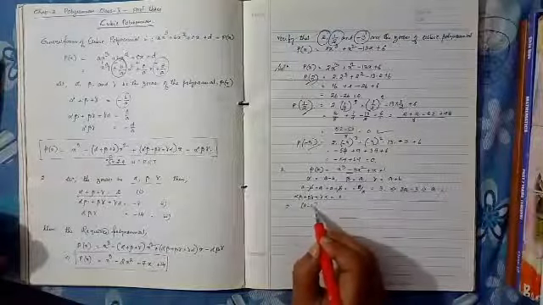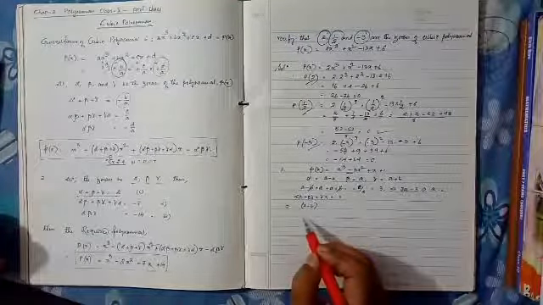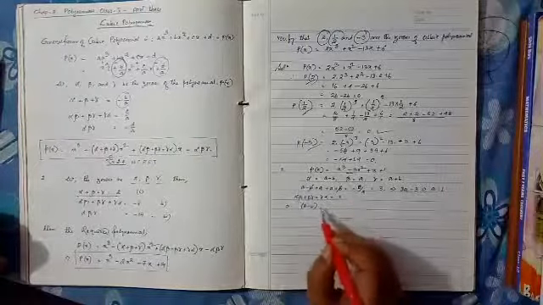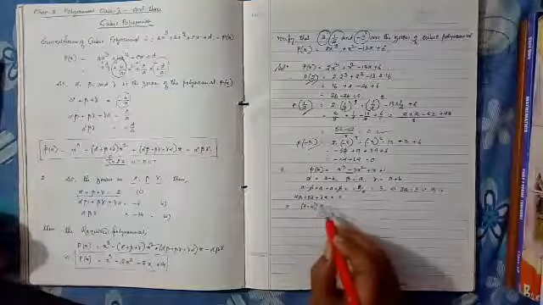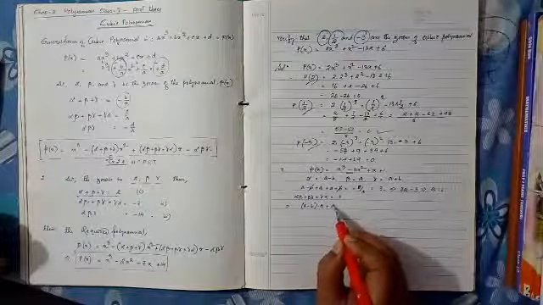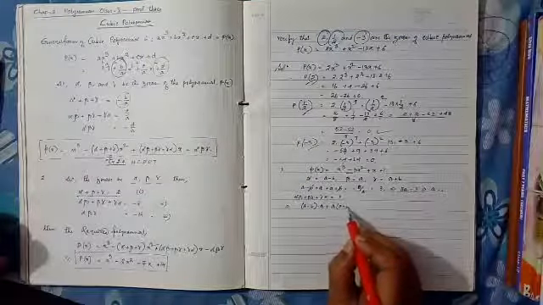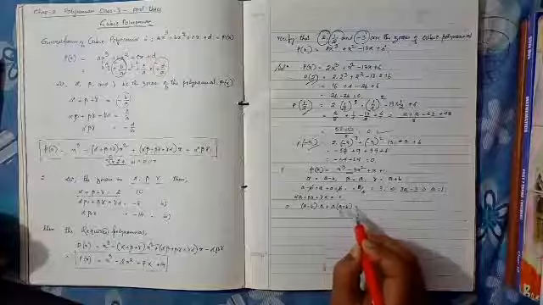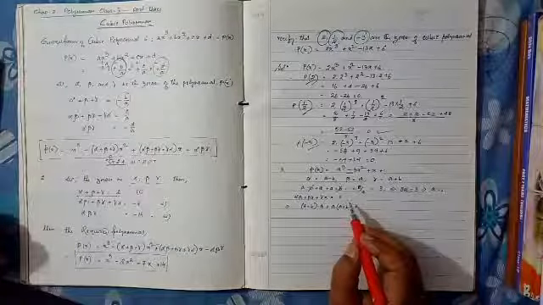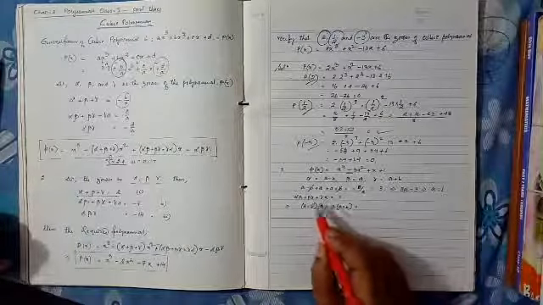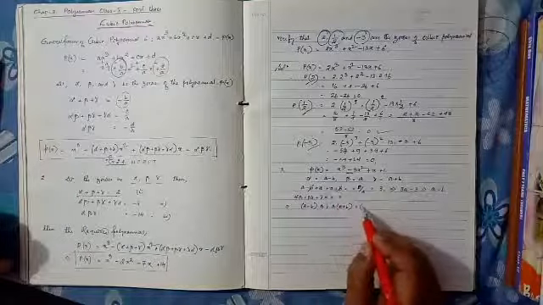So a minus b into beta. Beta is what? A. Plus beta gamma, a into a plus b, plus gamma alpha. Alpha means a minus b.